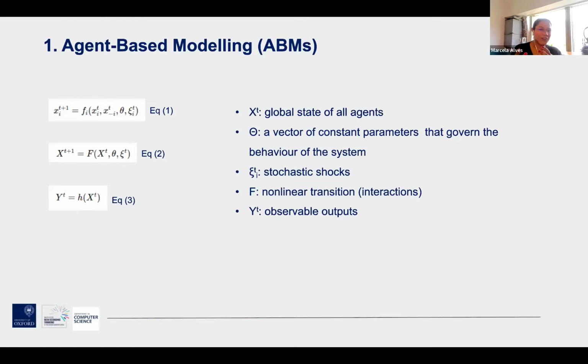So we have a model of a phenomenon, and how we want to represent this phenomenon is basically represented here with the uppercase Y, and this lowercase t is the time step we are at. So what we are saying here is that the output is dependent on a function of the overall state of the ABM that will give us the output of the ABM.